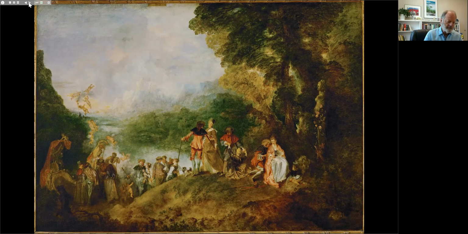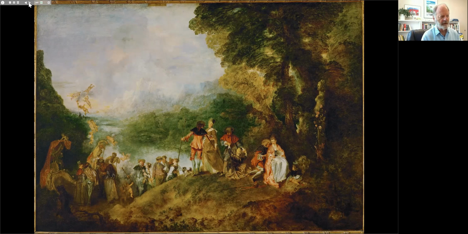When Watteau came to Paris to establish himself there, there was a controversy going on within the French Academy between the followers of Poussin, the Poussinistes, and the followers of Rubens, the Rubenistes. Ultimately, the argument came down to which was superior: design, line and design, or color.